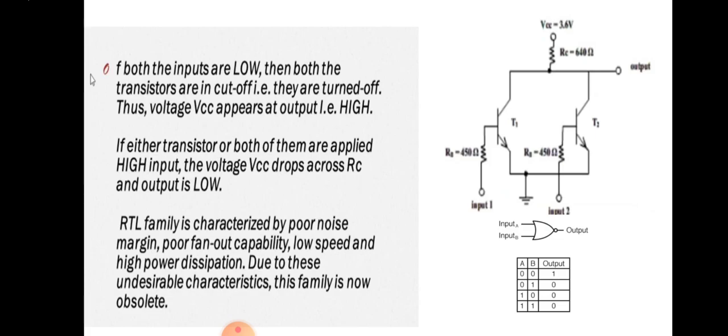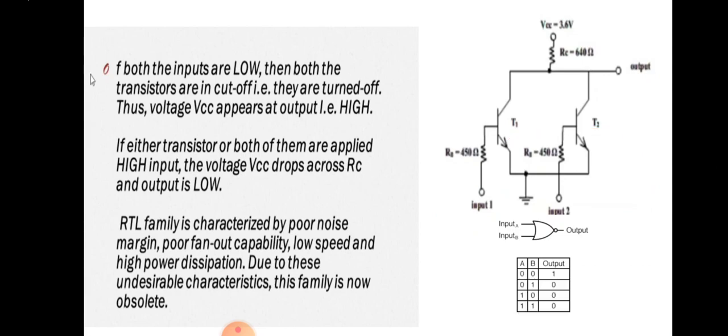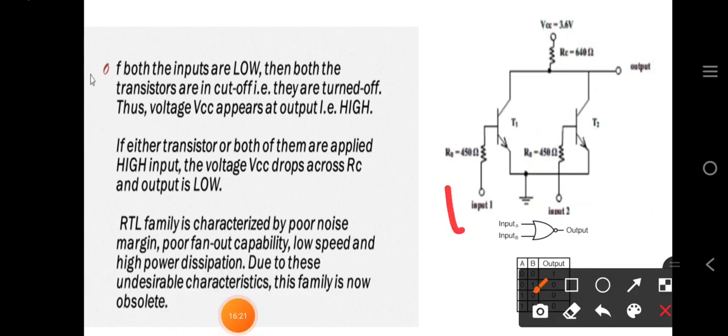Now for the other three conditions, if either transistor 1 or transistor 2 is logic 1, means if here it is 0 and here it is 1, or here it is 1 and here it is 0, or if both the inputs are 1. In these three conditions, the output will be 0.